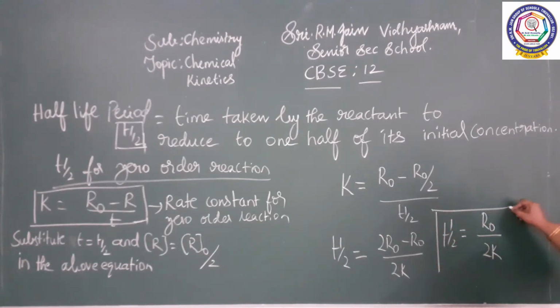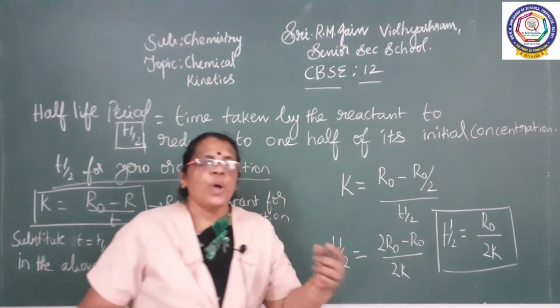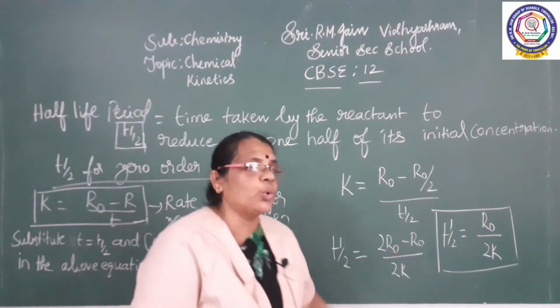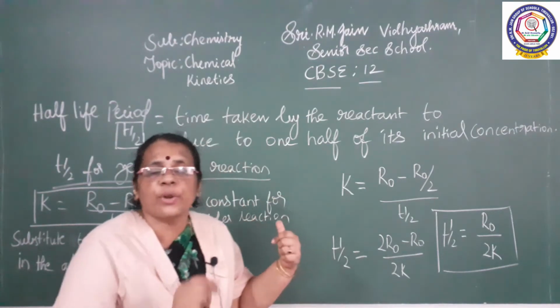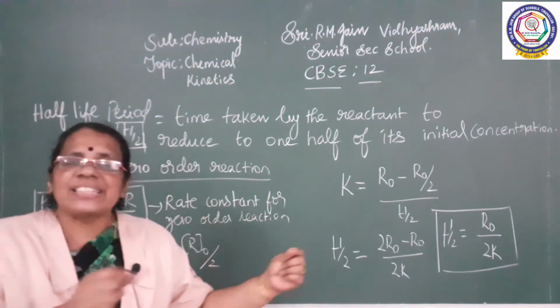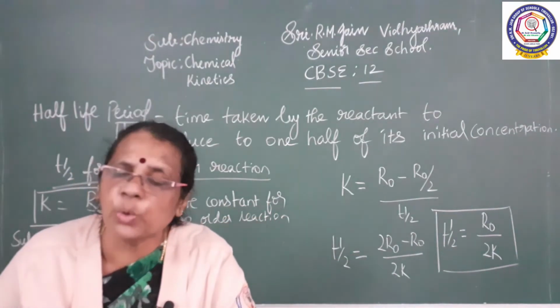So T half is equal to R naught divided by 2K. So the half-life period for zero order reaction is T half is equal to R naught divided by 2K.